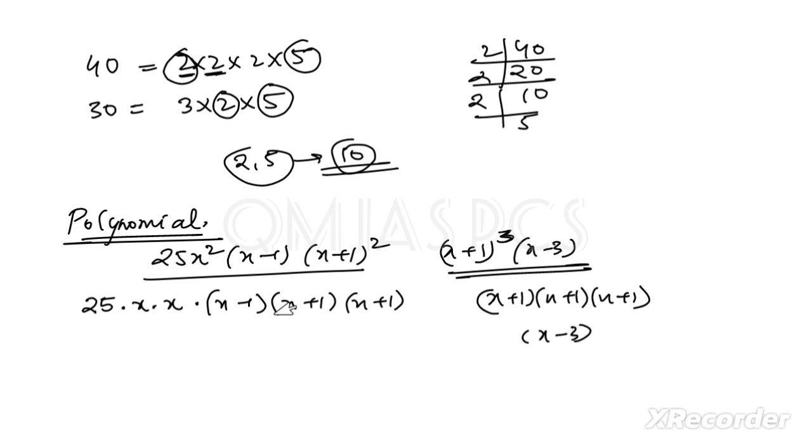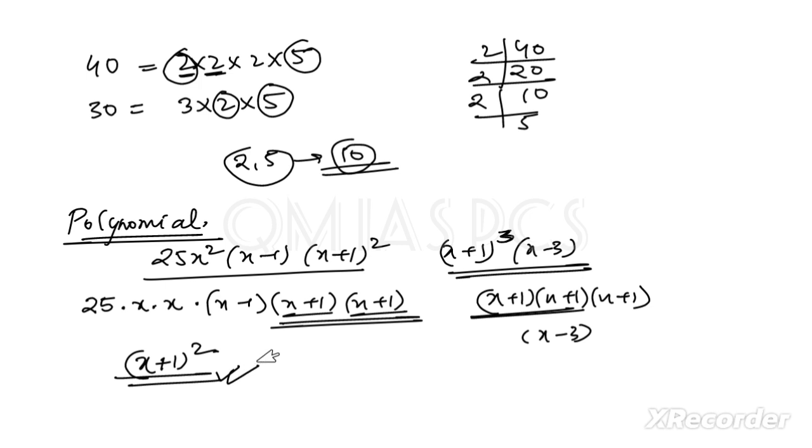So what is common here? This x plus 1 is common, and is x minus 3 there in the first one? No, there is no x minus 3. So the common term is x plus 1 whole square. This will be the HCF. So for polynomials we factor whatever expression is given, and then choose the common part, like we did here also.